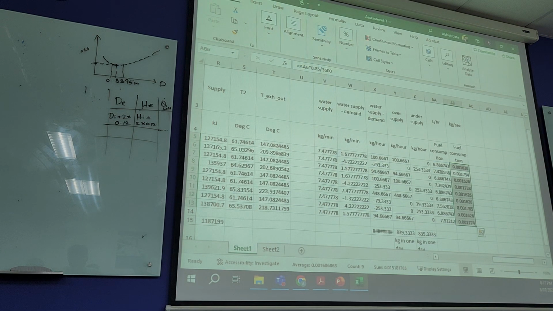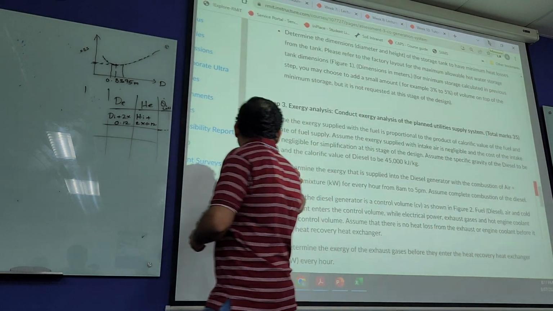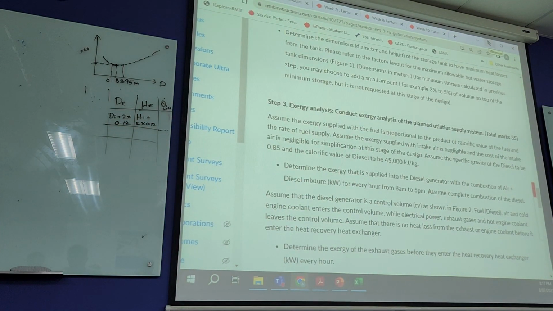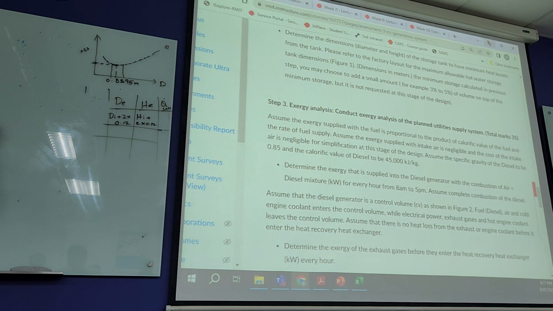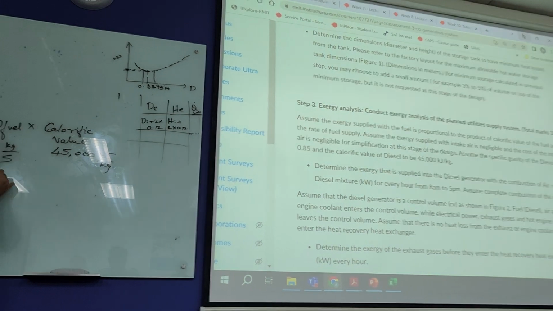Now I'm going to minimize that and explain. So for step 1, what you do is m dot fuel times the calorific value of 45,000 kilojoules per kilogram, and that's kilograms every second.